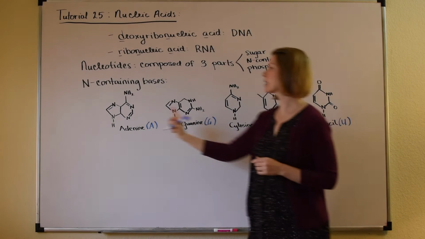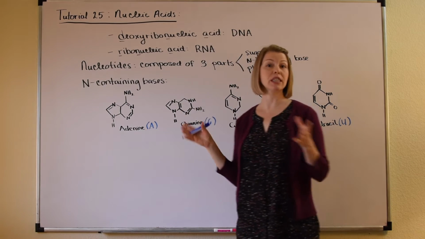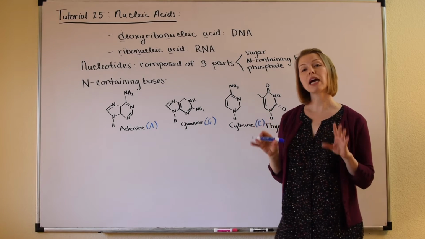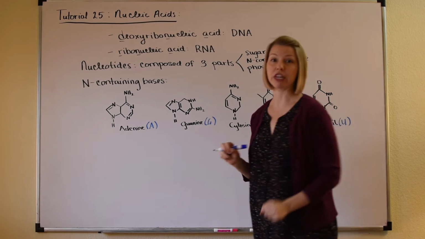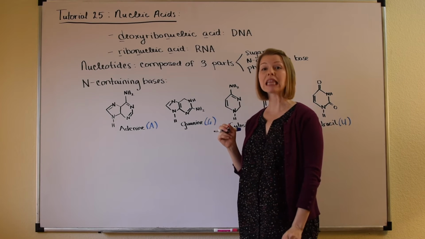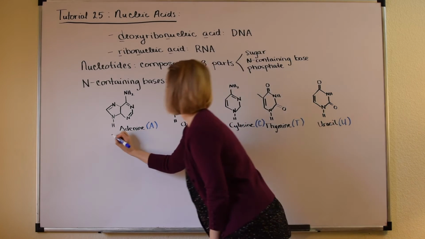Now you'll notice that adenine and guanine have a very similar structure. That's because they are both derivatives of a molecule known as purine, and so they are often collectively referred to as the purines. Okay, so I'm going to write that here.